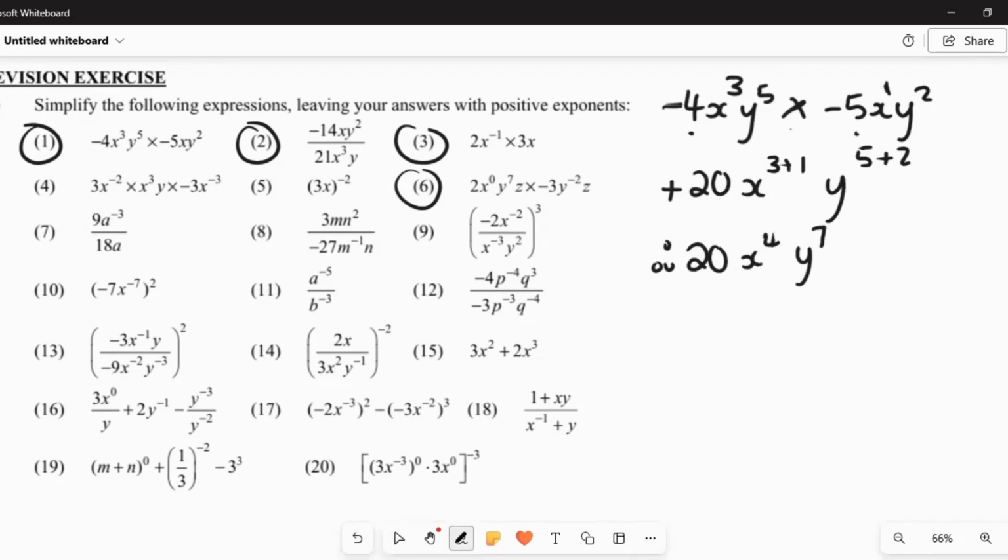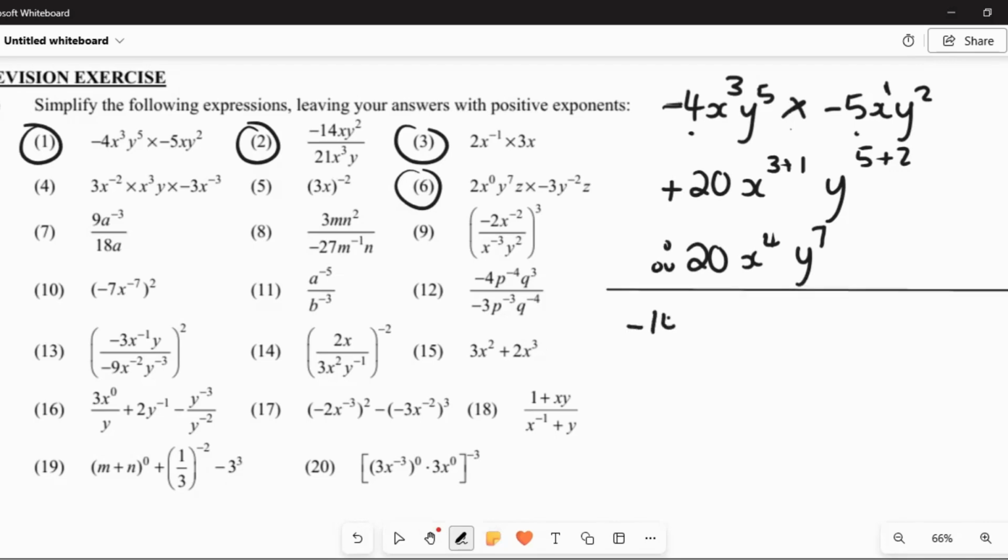Okay, and then number 2, let me just underline here, we have negative 14xy squared divided by 21x cubed and y. Now again, remember, signs are as important as numbers and variables, right?